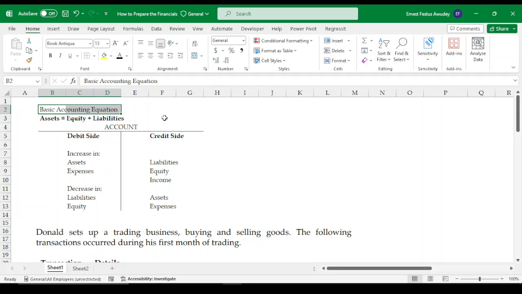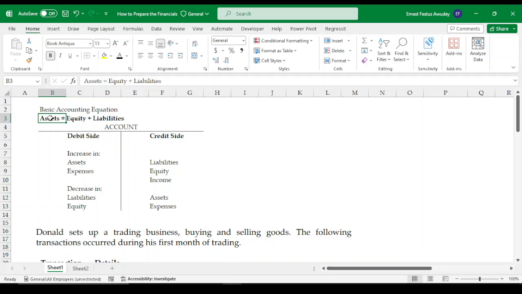On the face value, that is how simple it is, but until you get into it, you realize that it is not actually like that. So we have the basic accounting equation to be assets equal to equity plus liability. Now, equity can also be referred to as capital. So we have assets being equity plus liabilities. That is the accounting equation.